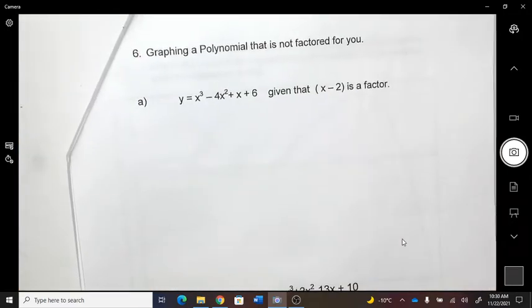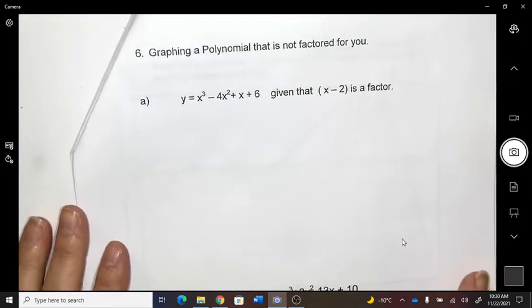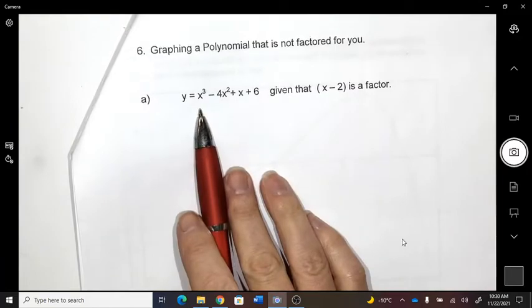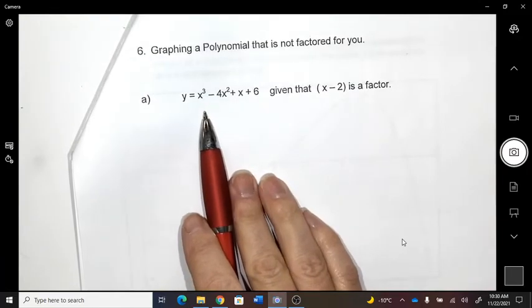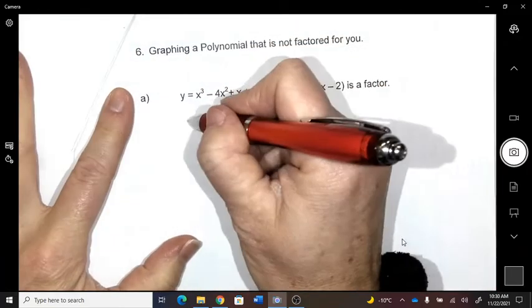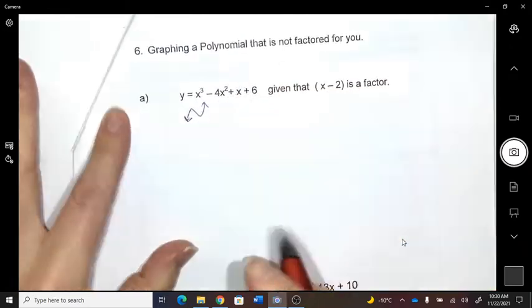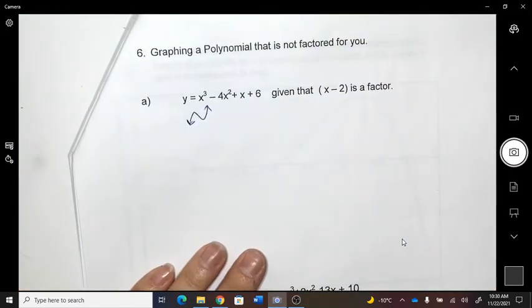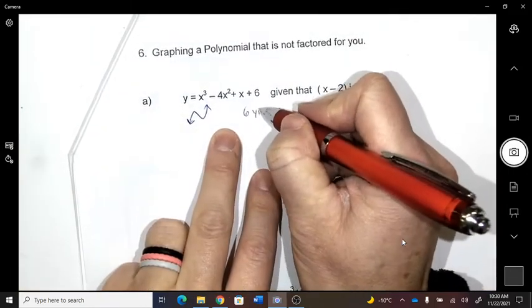Okay, graph this polynomial. First of all, what do I know about the shape of it? Cubic. Second of all, what is the y-intercept right away? 6 is the y-intercept.